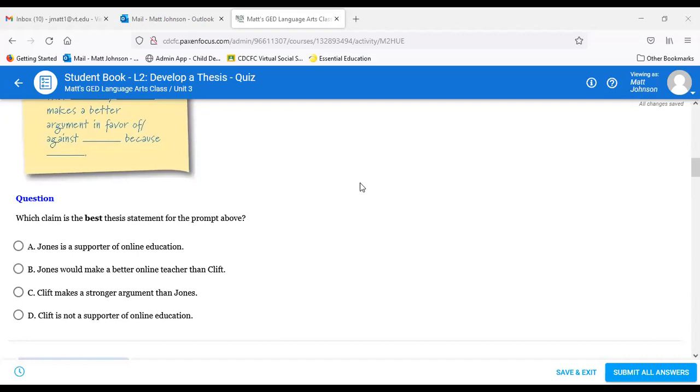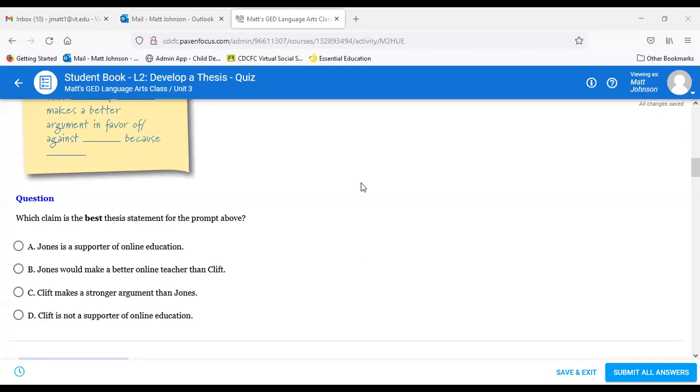Is it tactics? Which claim is the best? Is it tactics? Thesis. The word. Okay. Statement for the prompt above.